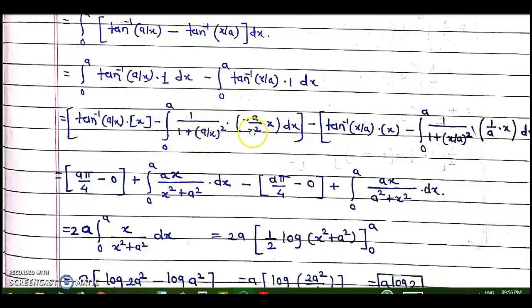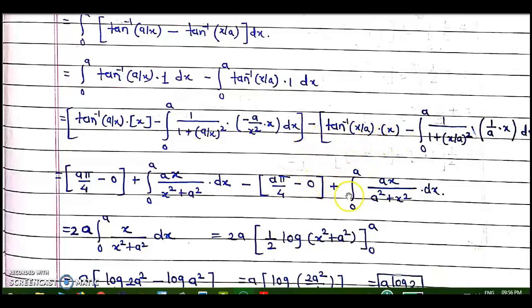So that x square and this x square get cancelled. Remaining ax is at the numerator. This minus minus plus. Similarly, minus tan inverse x by a into x for the limits 0 and a. Again, tan inverse of x by a gives us tan inverse 1, which is pi by 4, into x, that is a. So a pi by 4 minus lower limit, x is 0, so 0.